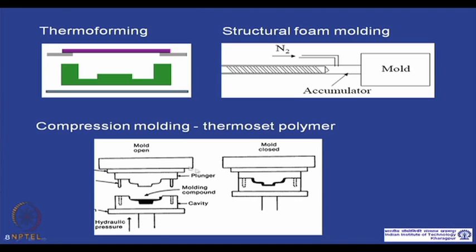You close this, compress them and close it, and once it cools you can take out this mold and you can form this shaped article or part. So, this is in brief about compression molding.